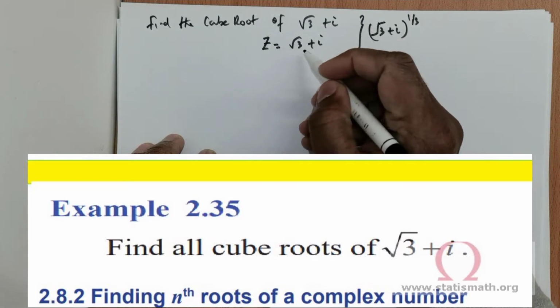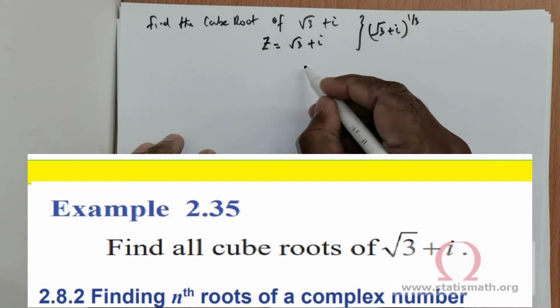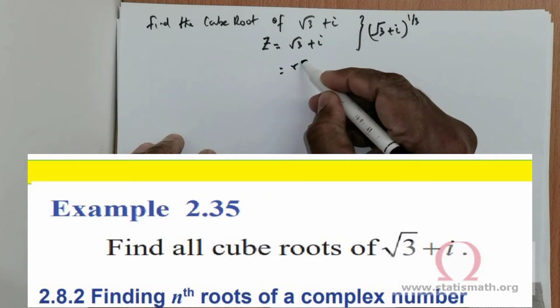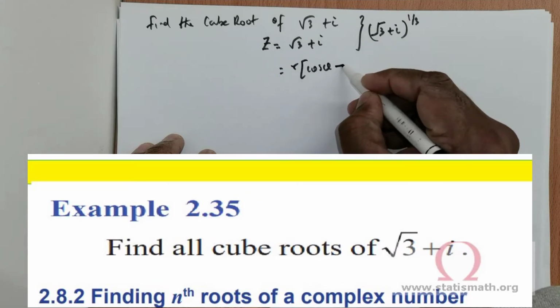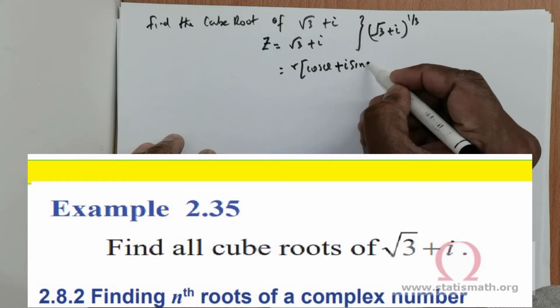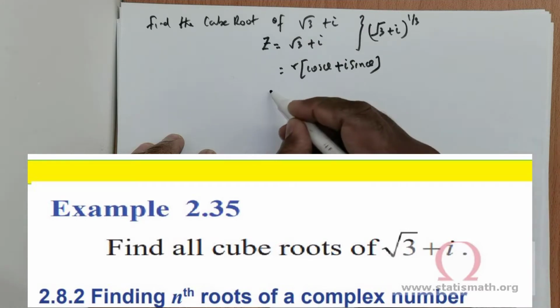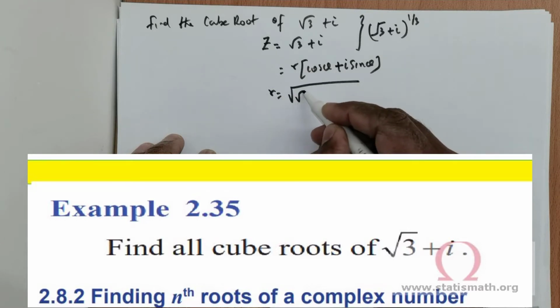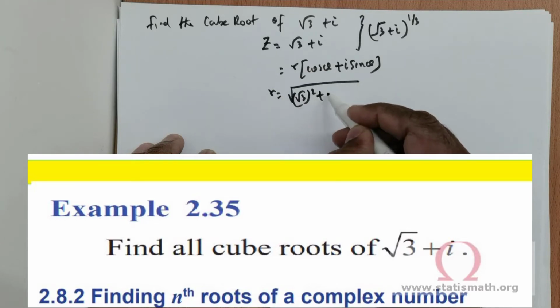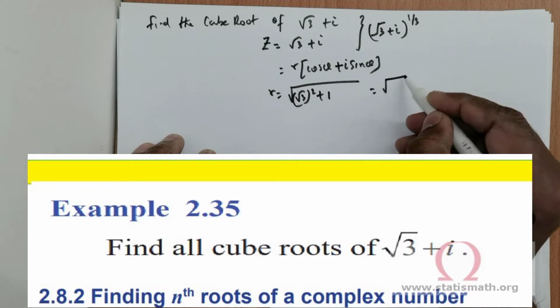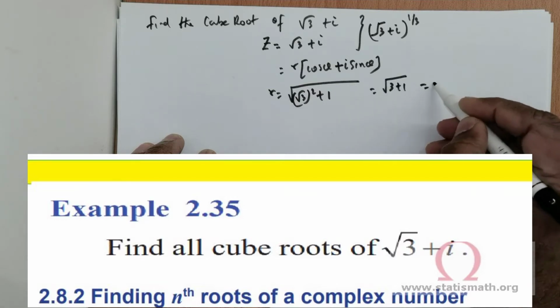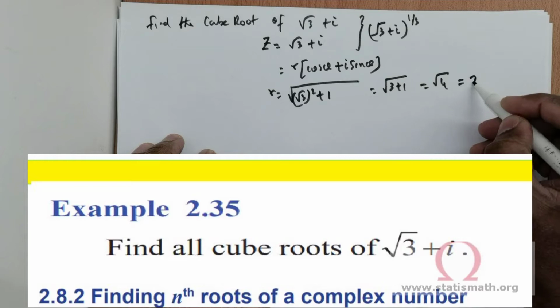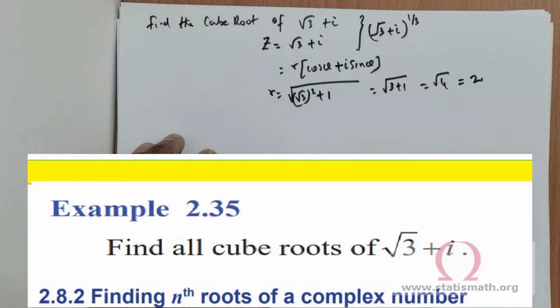Before we could obtain the cube root of this quantity, √3 + i, we would represent this complex number in the form r(cos θ + i sin θ). Clearly from this, r is equal to √((√3)² + 1²), which is √(3 + 1), which is √4, giving us 2.